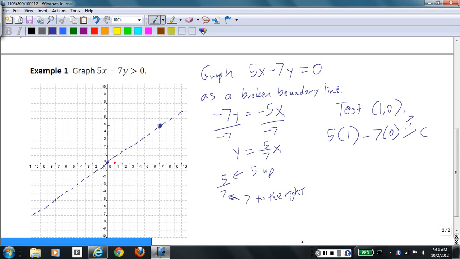Is this greater than 0? 5 minus 0 kind of looks like it is. We'll say yes, 5 is greater than 0. So the point 1, 0 is in the half plane that is the solution region for this inequality. So we will shade everything else that lies in that half plane. So it'll look like this.